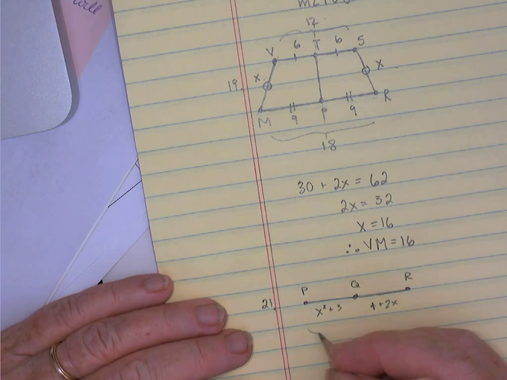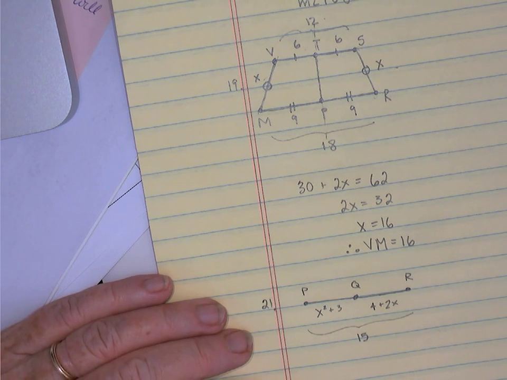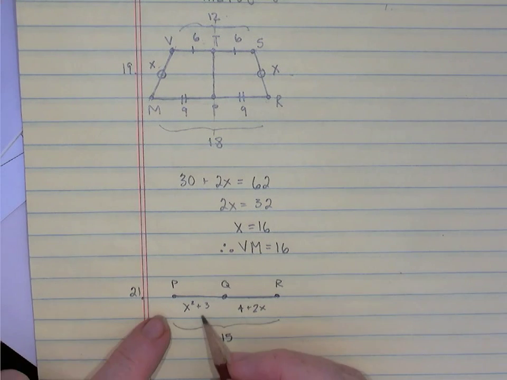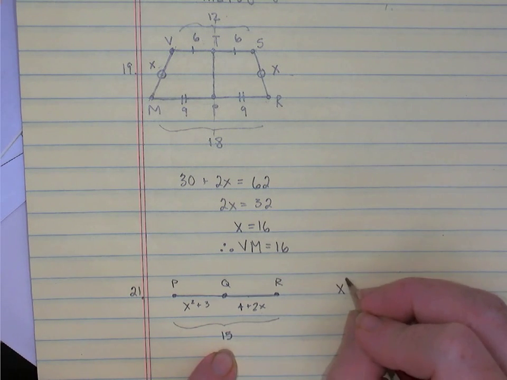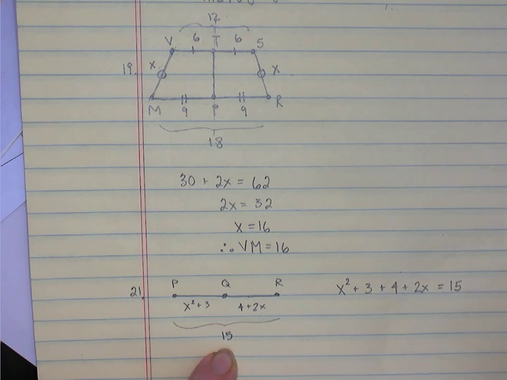We don't know if they're congruent or not, but we do know that the entire length is 15. So the one thing that we can definitely say is that the sum of the two little pieces will give us 15. So x squared plus 3 plus 4 plus 2x is 15.